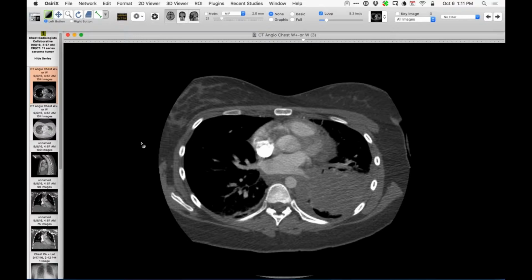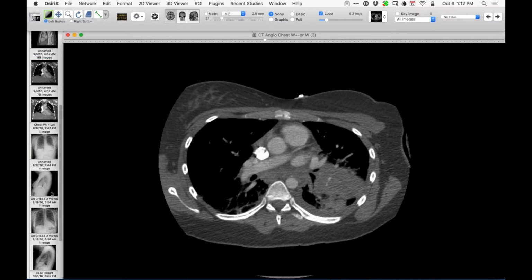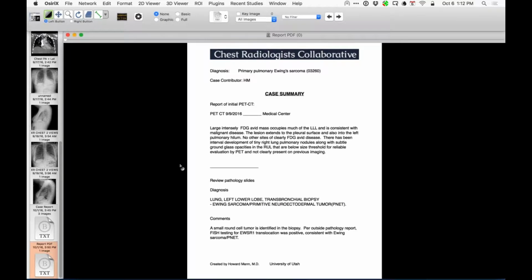In a young person, there's a big differential of the usual smoking-related tumors as well as adenocarcinoma, but other ones as well that are the non-usual bronchogenic carcinoma. So this turns out on a biopsy to be a sarcoma. And as you can see there, by virtue of this FISH testing for this EWSR1 translocation, that was positive.